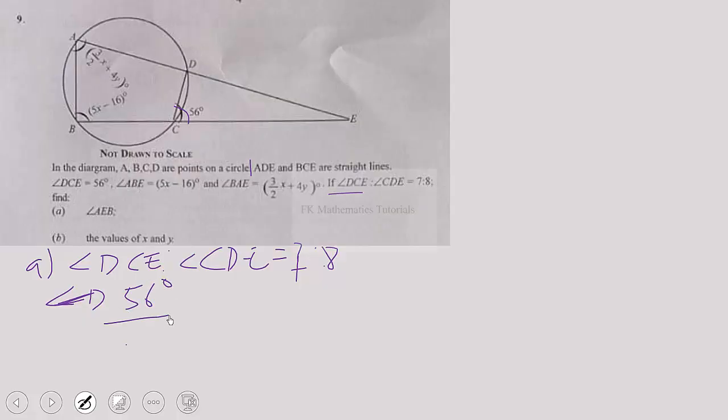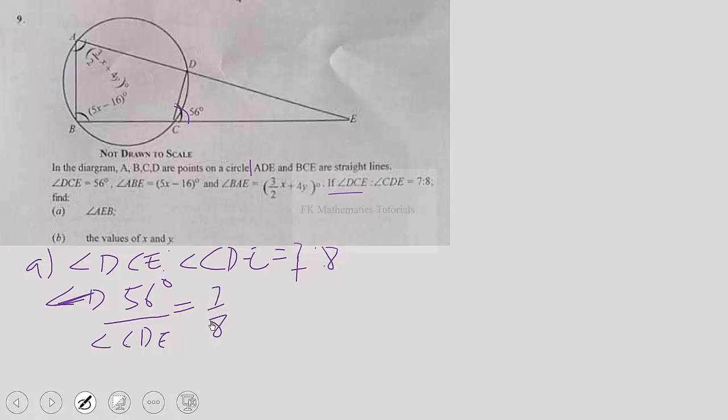So we're given that angle DCE is to angle CDE is equal to 7:8. So it means that angle DCE, which is 56 degrees, divided by angle CDE will be equal to 7/8.